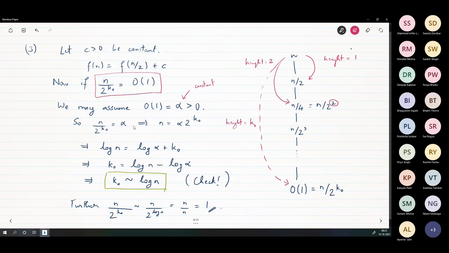So log n is log alpha plus k naught times log 2 to the base 2, which is equal to 1. We are working with log to the base 2, so that's why I didn't write that. Log 2 to the base 2 is 1, and therefore k naught is log n minus log alpha. But do you see, log alpha is also a constant because alpha is a constant.